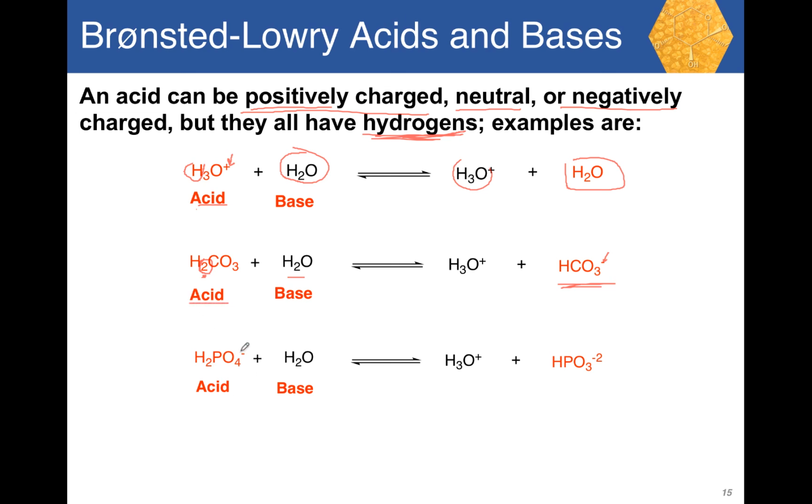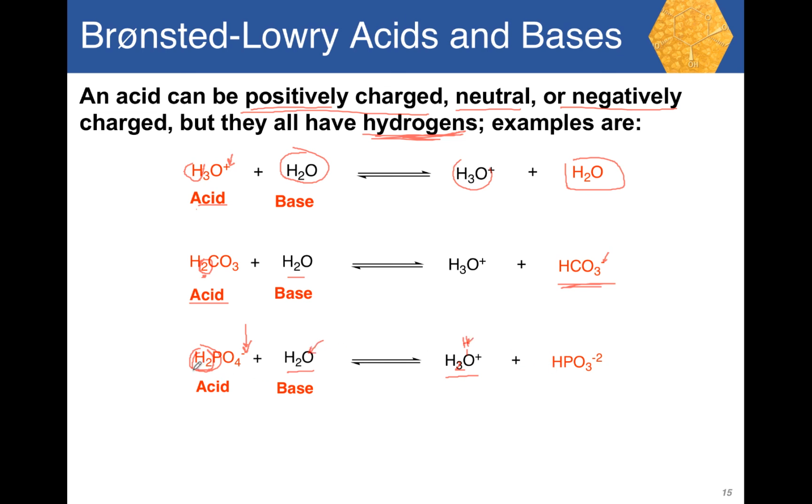Let's look at an acid that has a negative charge. This is the phosphate anion. Notice H2PO4, this is H2, but it has a negative charge. React this with water, this H3O plus. Again, one of these H's should be red. So let me write this out. So this should be another H here. That's red, and this should be 2. So one of these H's here will go to this oxygen, and here it is.